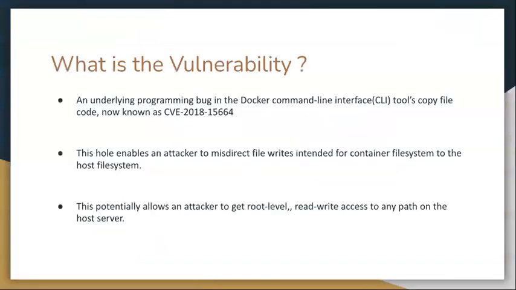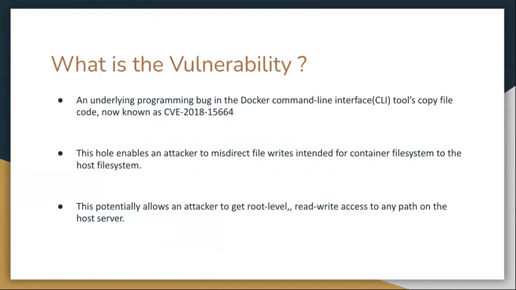What is the vulnerability? Basically this is a programming bug in Docker, and it comes from the Docker command line tool itself, where the copy command has this vulnerability, which is now named CVE-2018-15664. This vulnerability allows the attacker to misdirect writes intended for the container file system to the host file system.